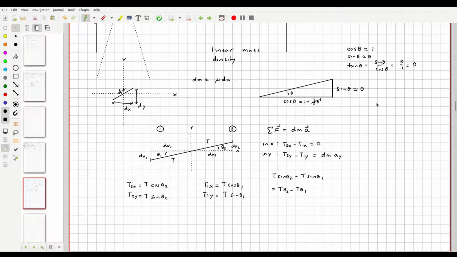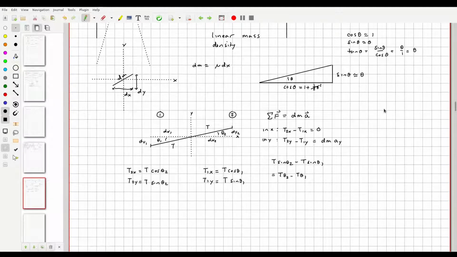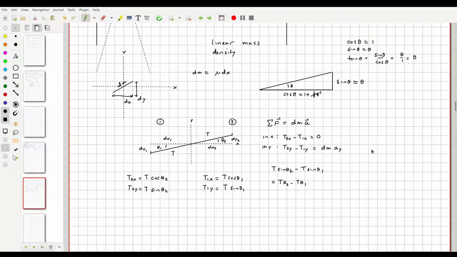But look, both sine and tangent act like theta for very, very small angles. Knowing that both of these act the same, I could write my thetas like tangents instead. Now, tangent is opposite over adjacent.